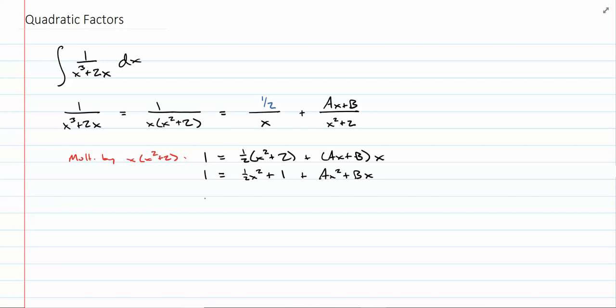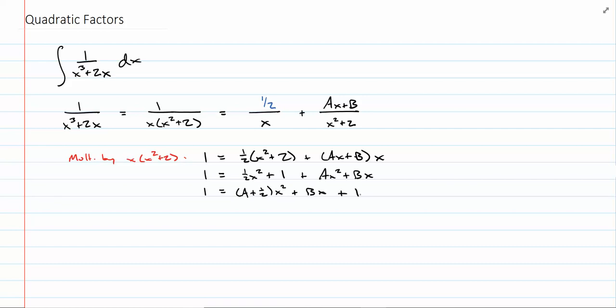And then we're going to combine like terms. Okay, we have a 1/2 x squared and an ax squared. So that's the same as a plus a half x squared. We also have a bx, and then we also have a plus 1.